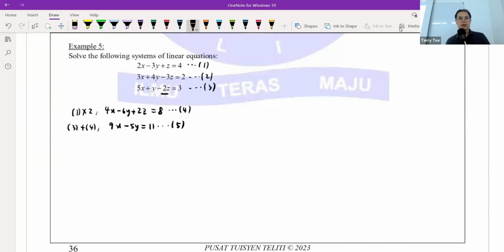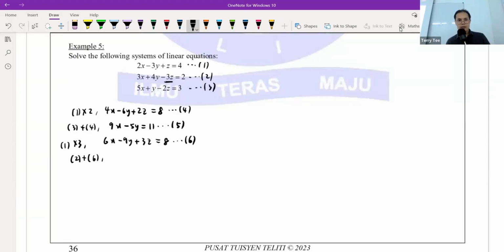Equation 5. Then equation 1, I must times 3 because I want to get rid of this 3z. So when you times 3, you get 6x, 9y, 3z equals 8. This will be equation 6. Should I plus or minus? We'll take equation 2 plus equation 6.